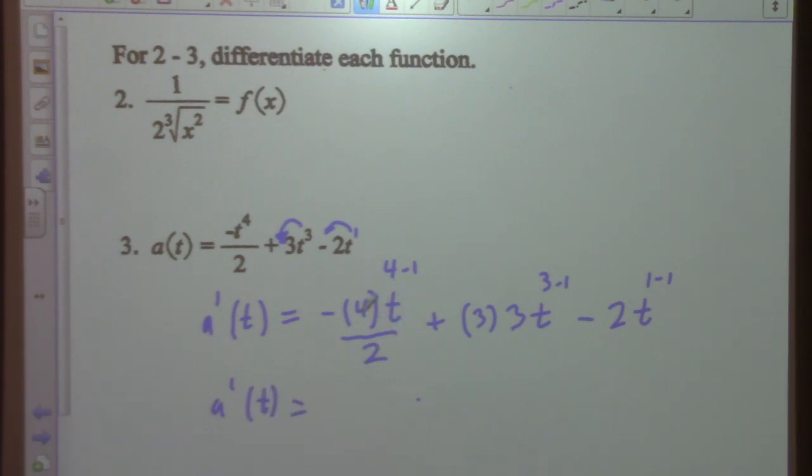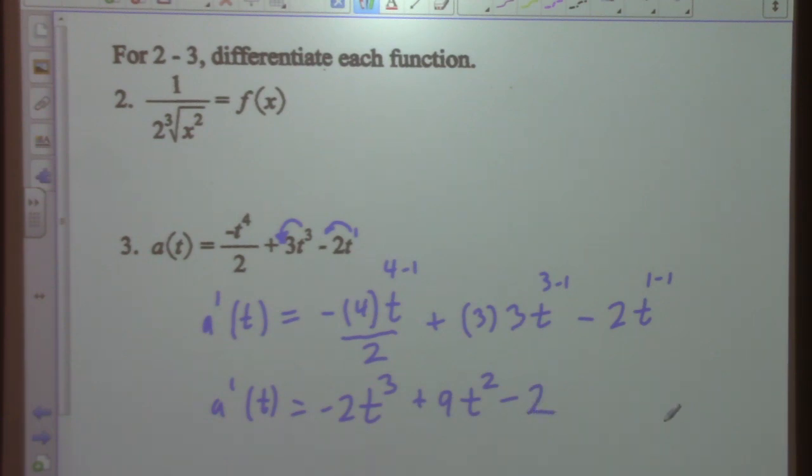What's this going to simplify to here? Negative 2, negative 2 t to the third power, plus negative 9, 9 t squared. And this last one is going to be just minus 2.